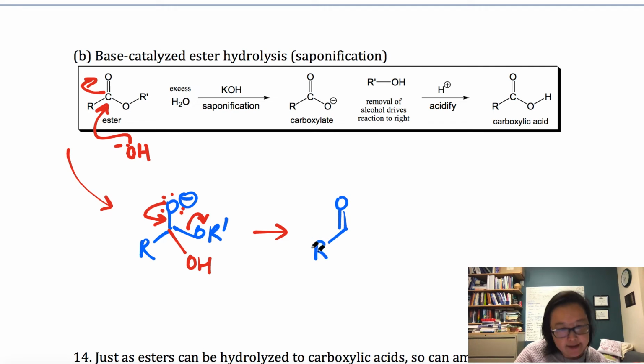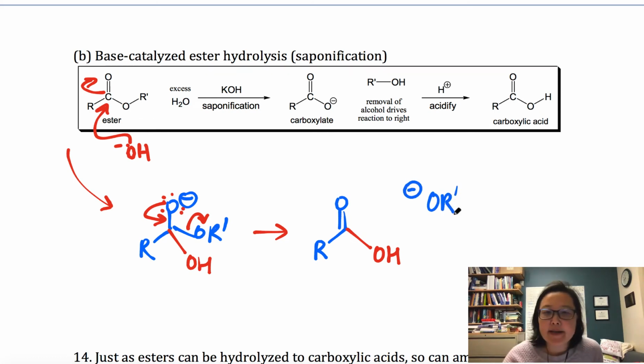And remember, hydroxide is a poor leaving group, alkoxide is a poor leaving group, but we're in basic solution. So in that kind of environment, it is not unusual to have these ions floating around. So you're going to have some alkoxide ion, like a methoxide, ethoxide, things like that, some kind of R group.